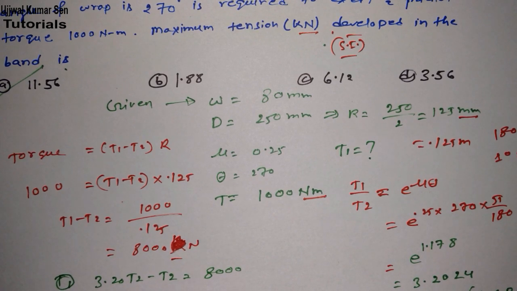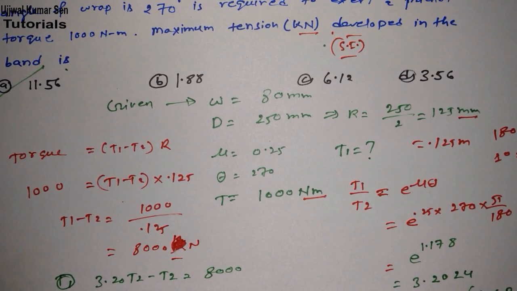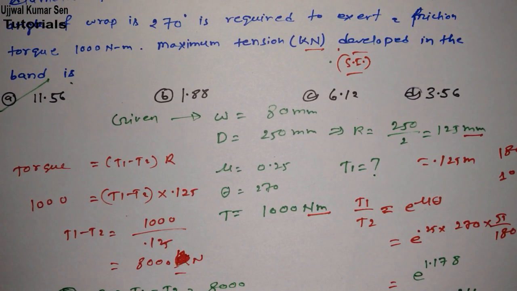Now one of the key factors of solving GATE problems, you will definitely see that in almost every question, I must say about 80% of questions, you have to implement at least two formulas to get the answer.